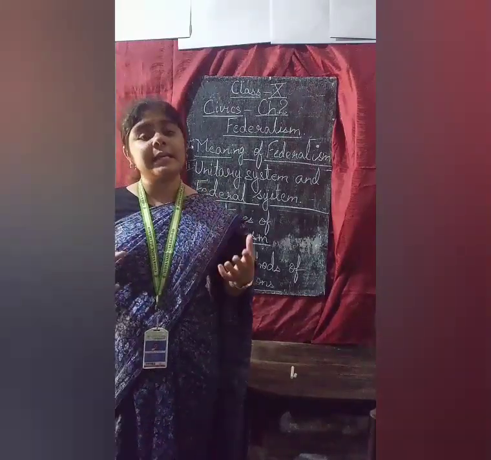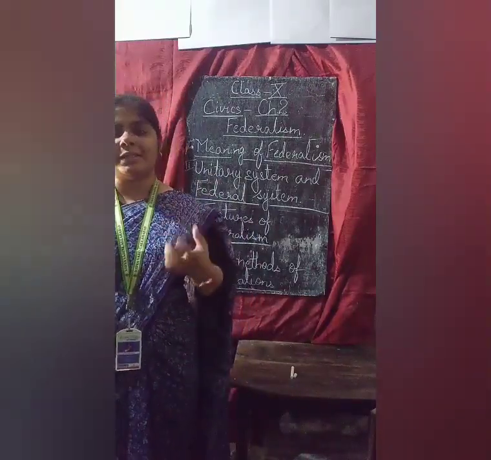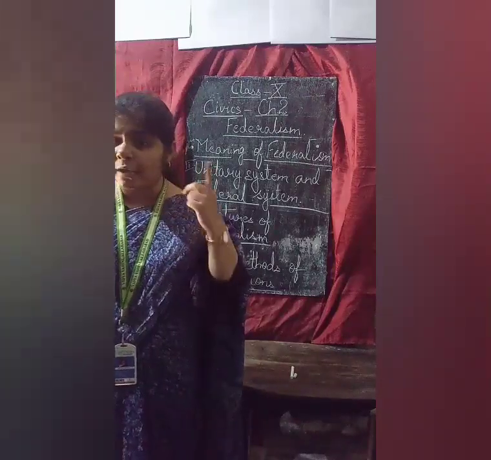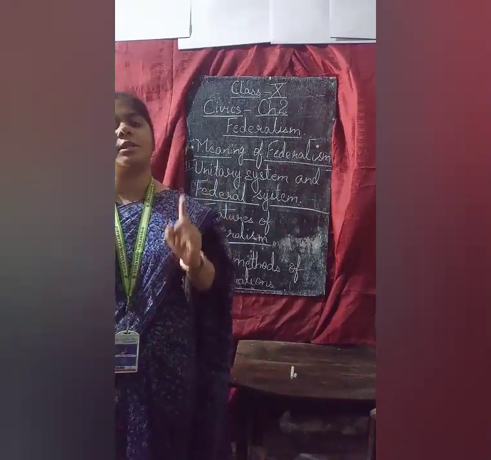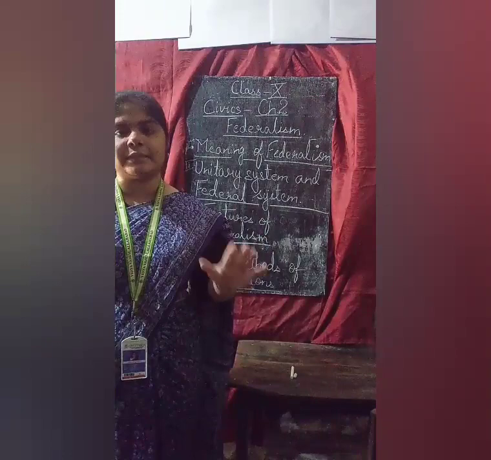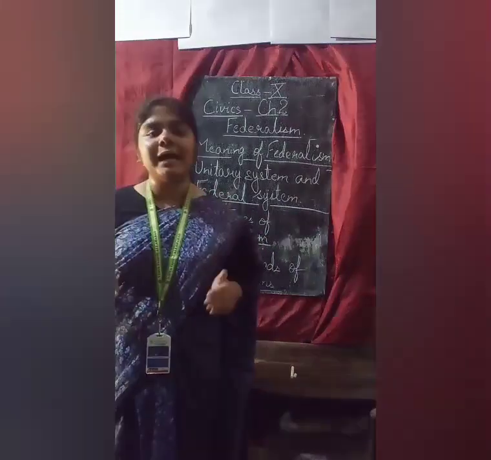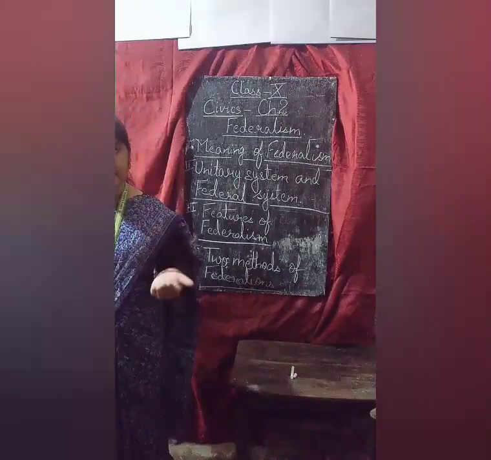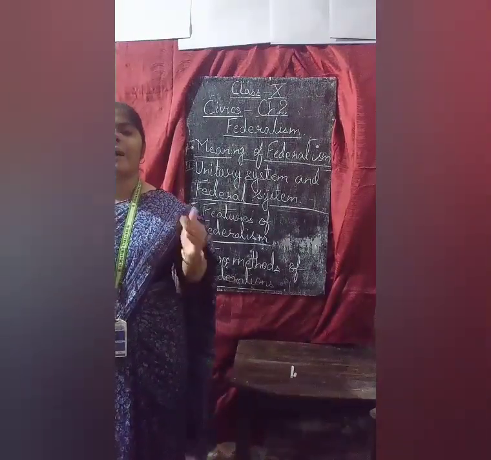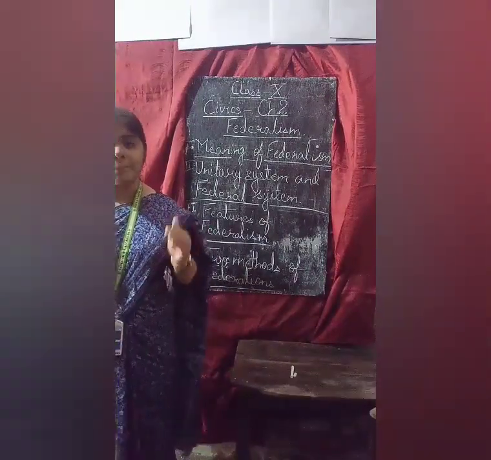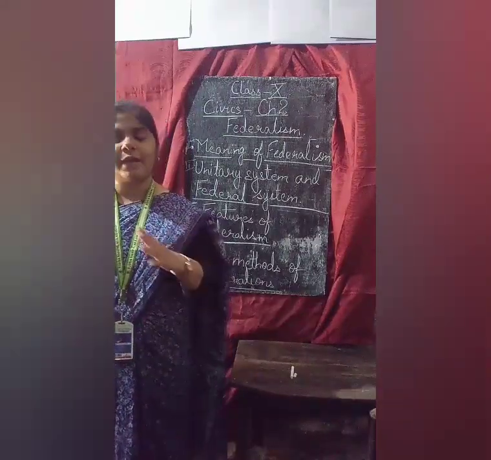And next is, these areas of work or these jurisdictions have been decided by whom? By the Constitution. No other person can decide the area of work of these governments, but the Constitution has already decided where and what powers are given to these particular governments. Fine.